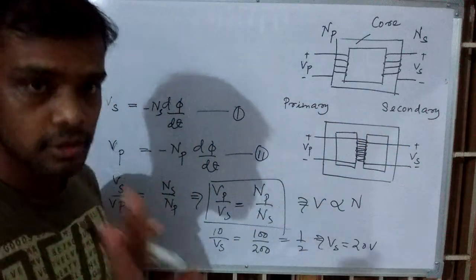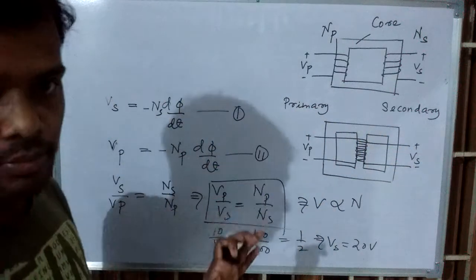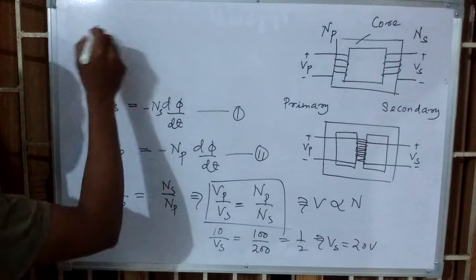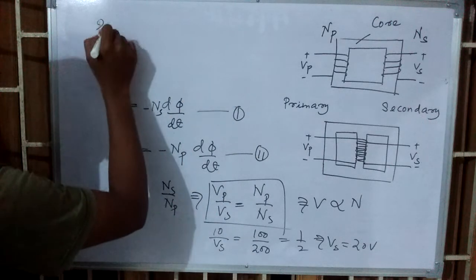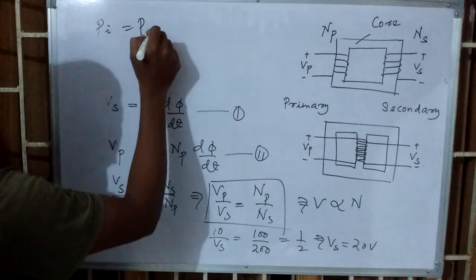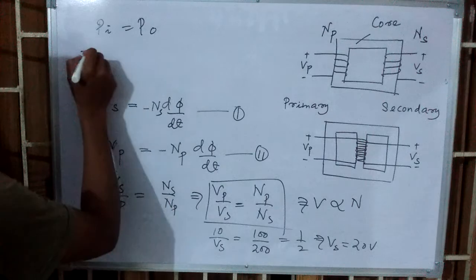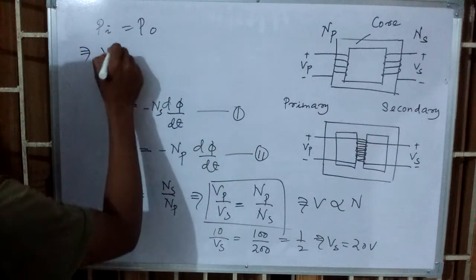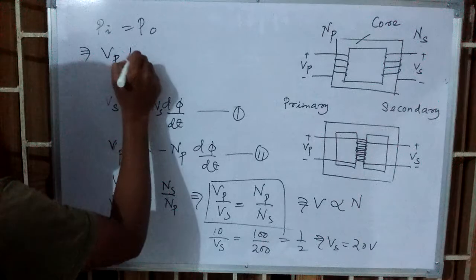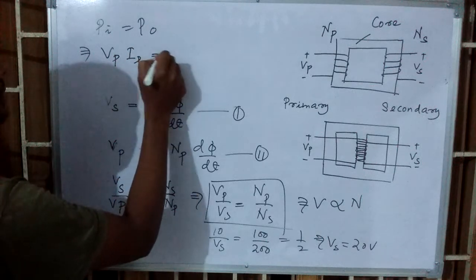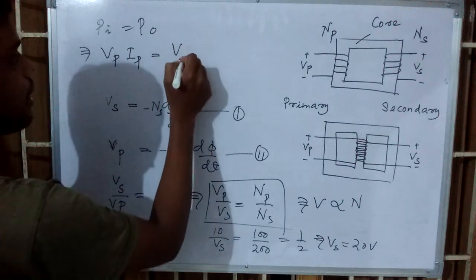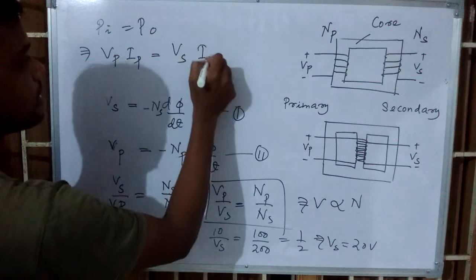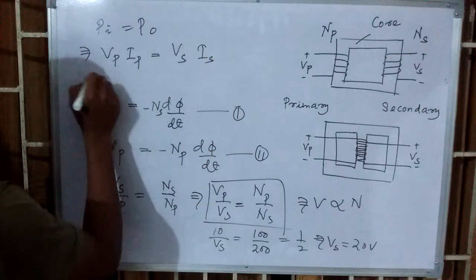Of course there is loss, but for example, power at input is equal to power at output. Power formula is voltage into current. Voltage at the input is Vp. Let the current at the input be Ip. Voltage at output is Vs. Let the current be Is.